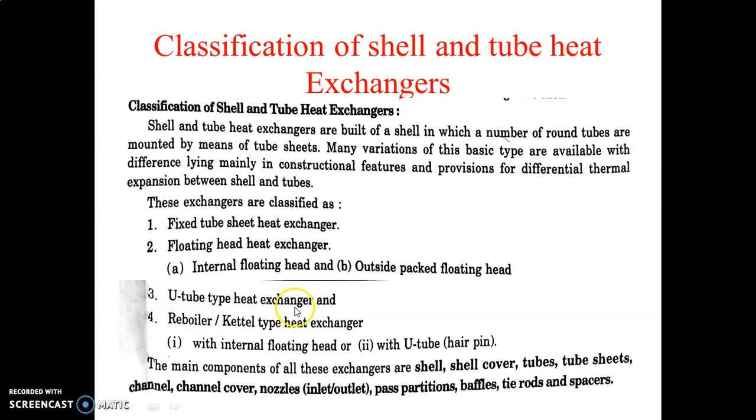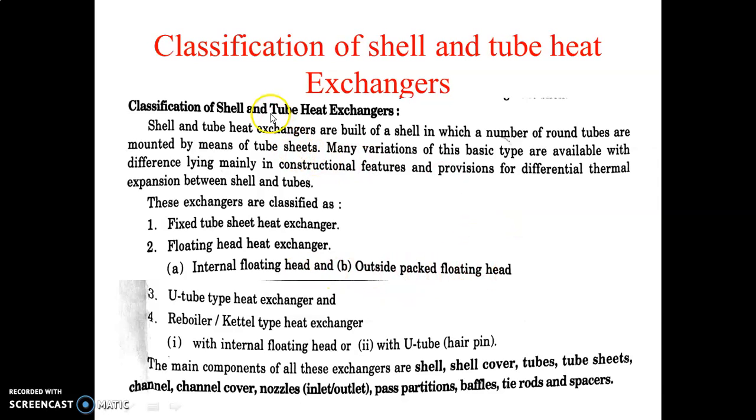Third one is the U-tube heat exchanger. Fourth one is the reboiler or kettle type heat exchanger. It also has two types, one with internal floating head and one with U-tube. So these are the general classification of shell and tube heat exchangers used in chemical industry.